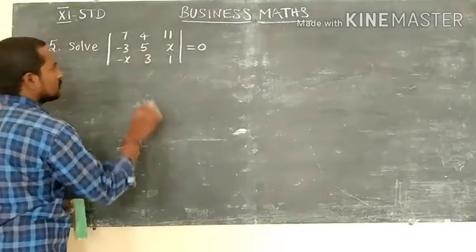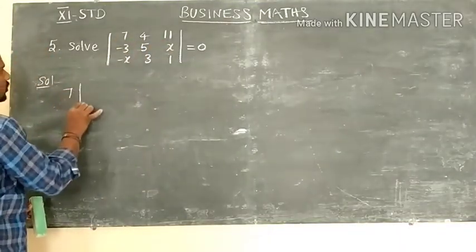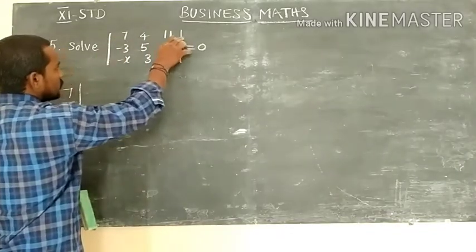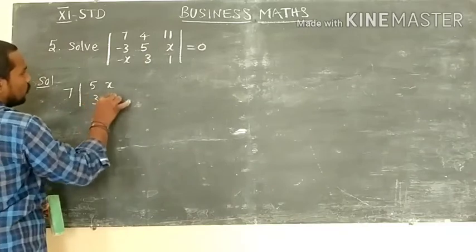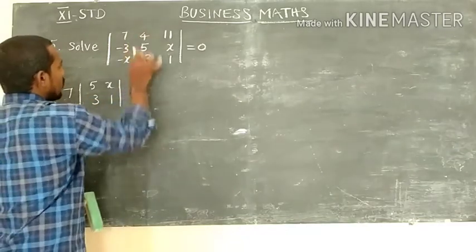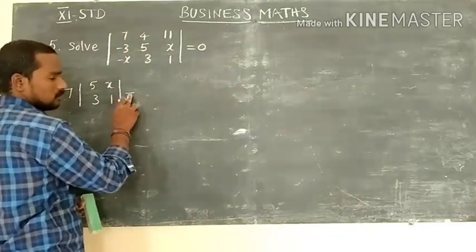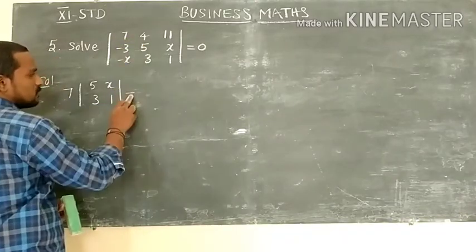Expand along R1. The 7: deleting the corresponding row and column, we get [5, x; 3, 1], and the place sign is minus.